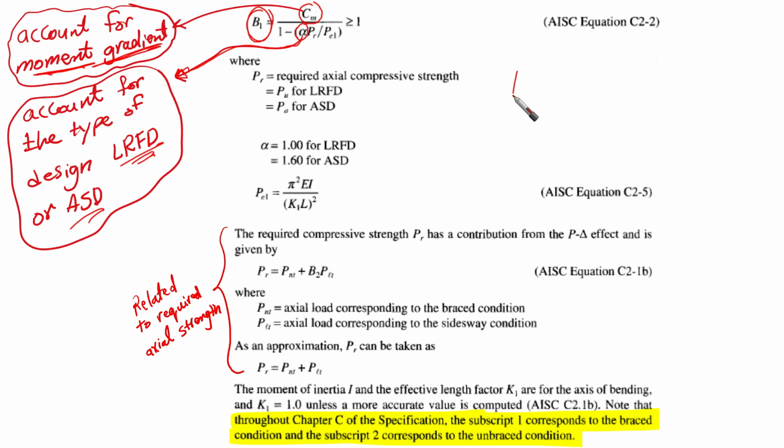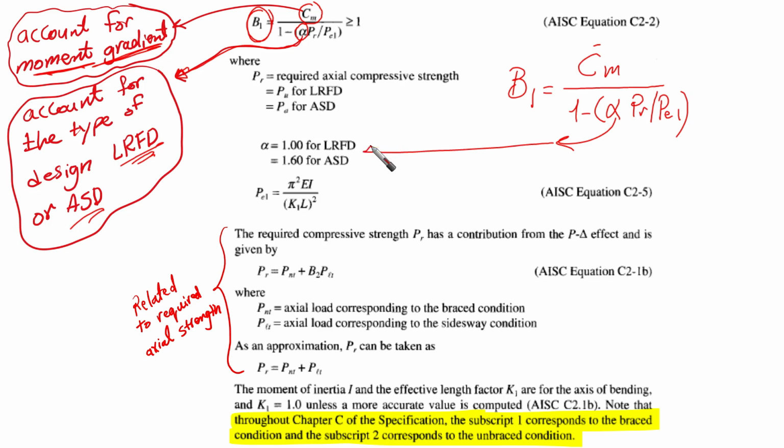So now B1 takes into consideration everything: Cm, which takes into consideration moment distribution, over 1 minus alpha times PR over PE1. Alpha is based on the type of the design, whether it is LRFD or ASD.